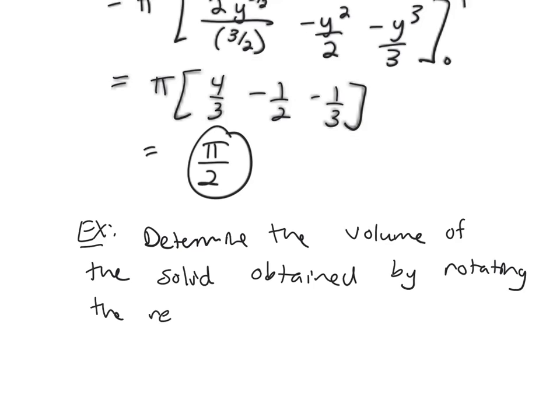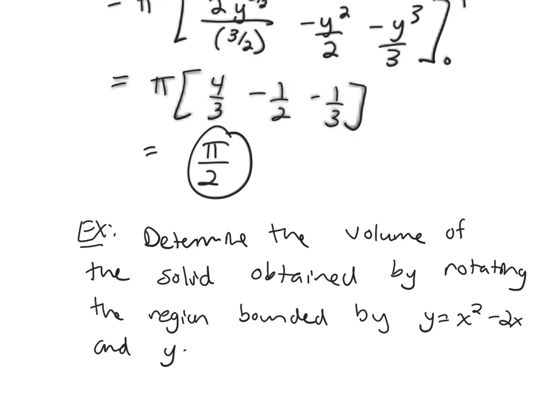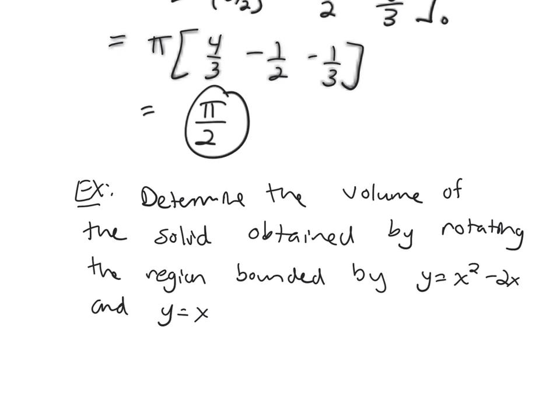The region bounded by y equals x squared minus 2x and y equals x, about the line y equals 4.